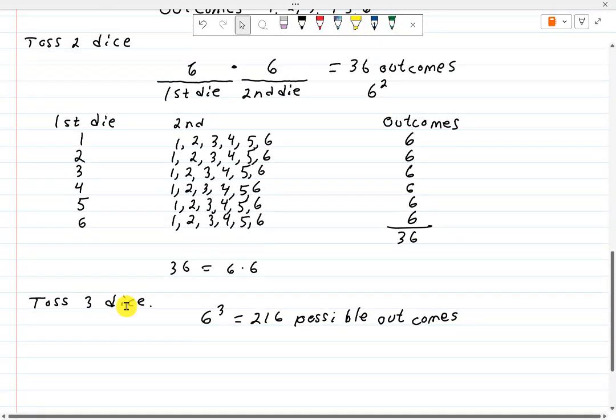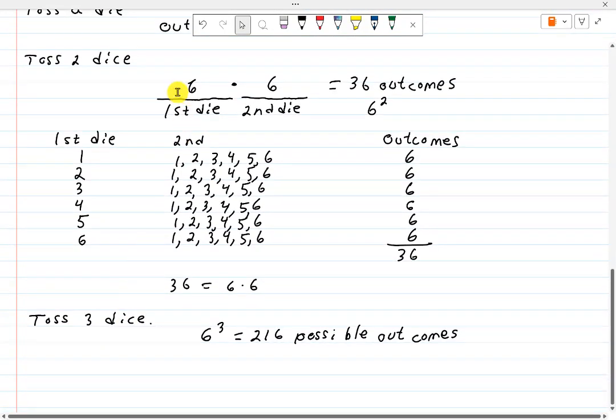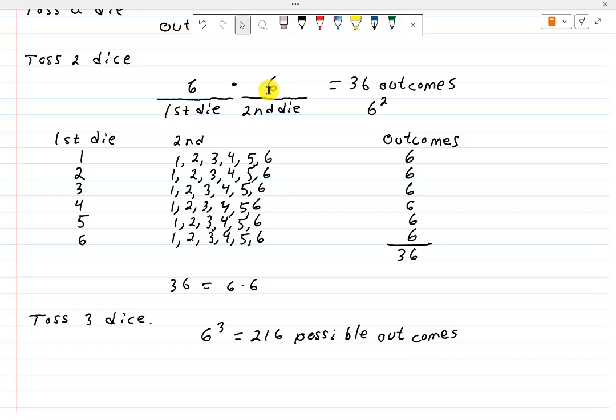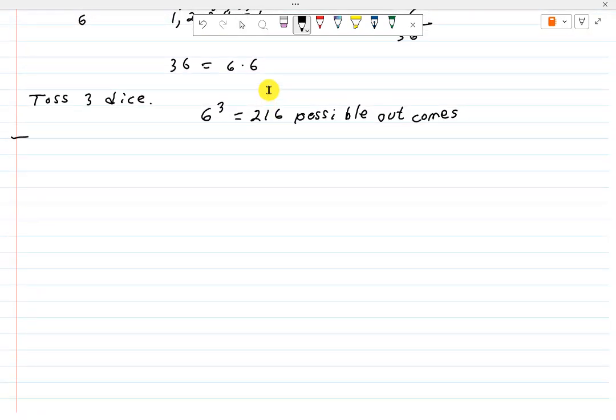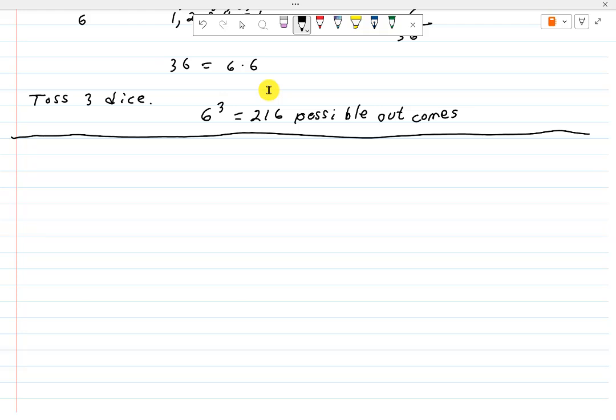So basically, the counting principle works this way. We look at the number of ways we can do one task, and then we look at the number of ways we can do a second task, and we multiply them together, so long as the tasks are what they call independent of each other. So let me go ahead and write down what we call the multiplication principle.